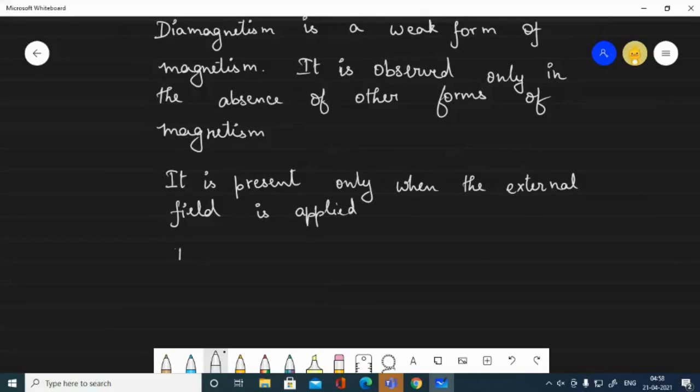It is non-permanent, that is, when the external field is removed, the diamagnetism disappears.